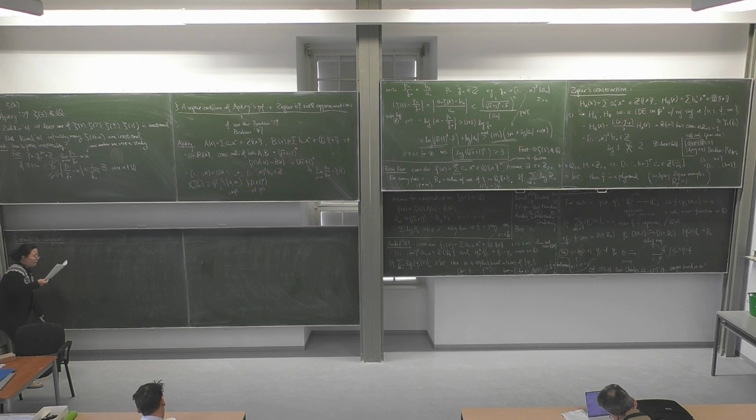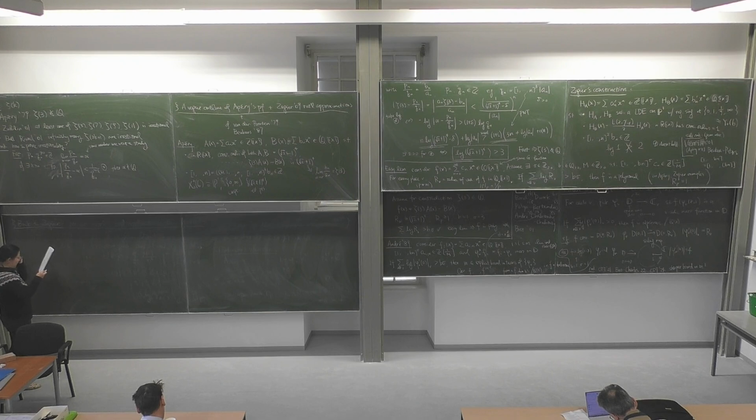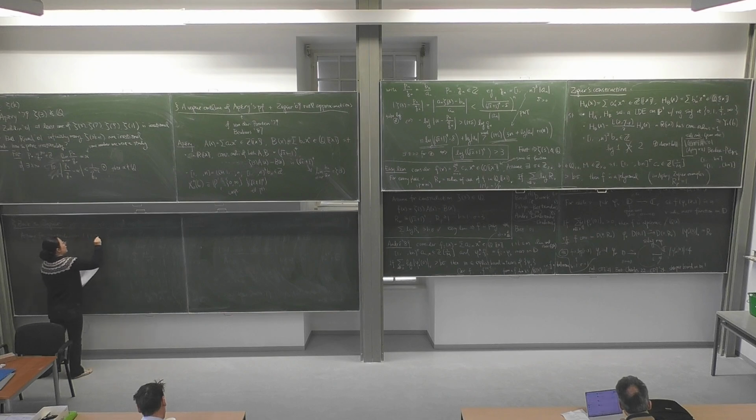Okay, so the first thing is, there's something that we really don't have a choice about. The form of the phrase that I interpreted over there suggests that we're going to assume for contradiction this L value is rational.